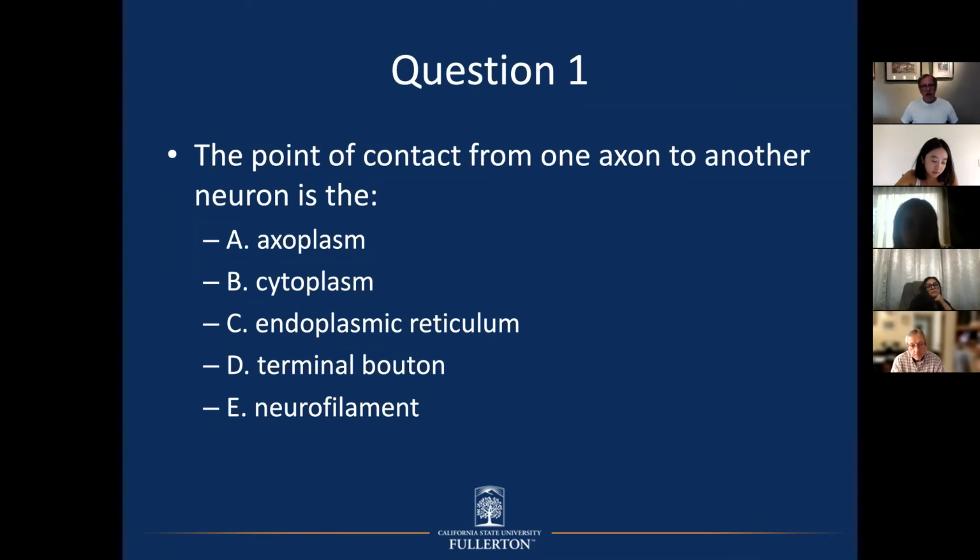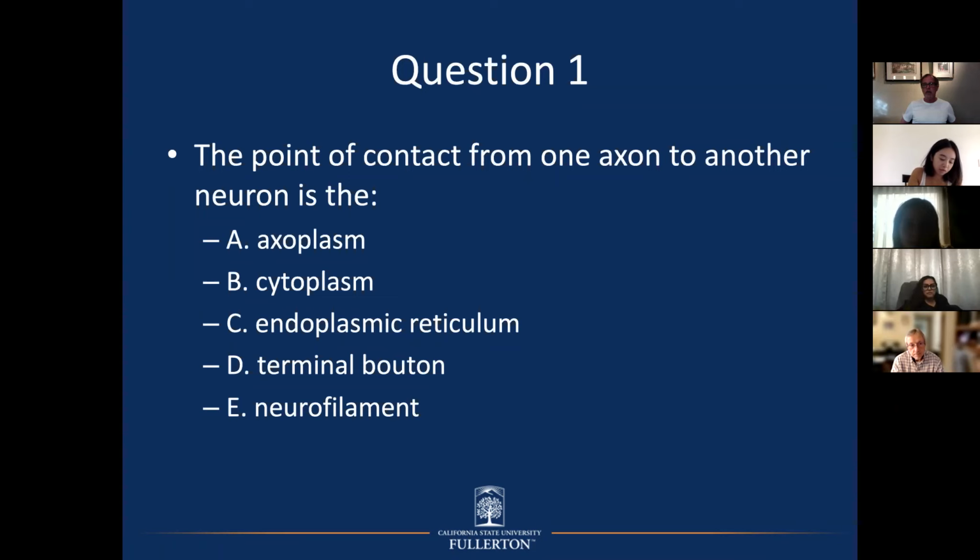Okay, so I think you're going to know this one. The point of contact from one axon to another neuron is the what? D. E. It is the bouton, the terminal bouton. That's the point of contact. Yeah, it's at the synapse. And the only part of the synapse that is mentioned here is the terminal bouton.